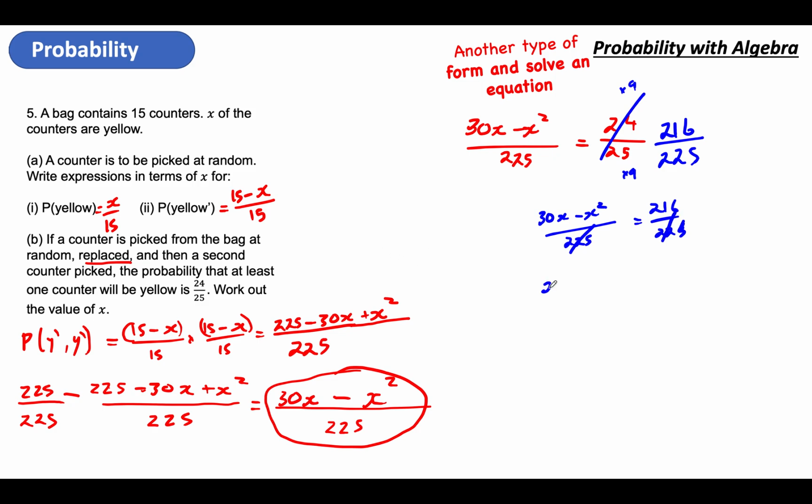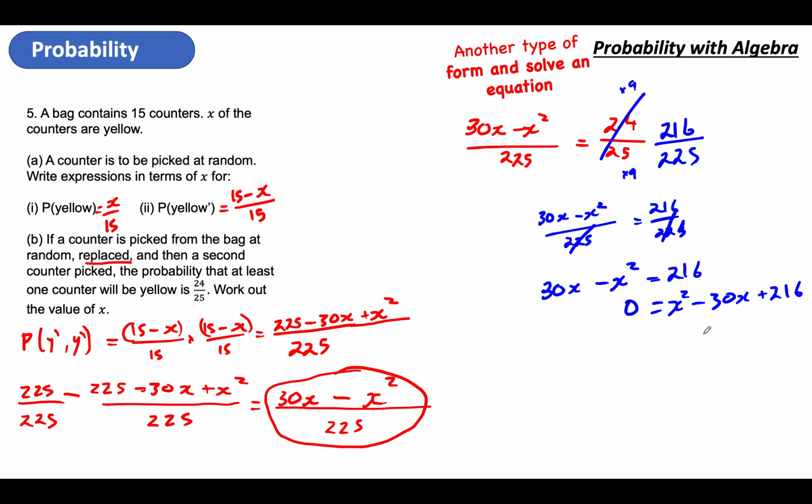It's telling us that 30x minus x squared must equal 216. Right, bit of rearranging. Let's add x squared to both sides and take away 30x from both sides to get that quadratic expression there.